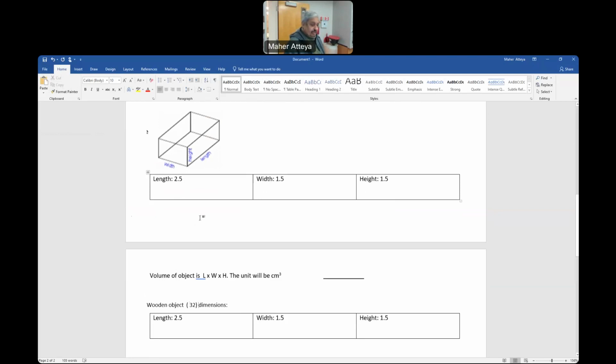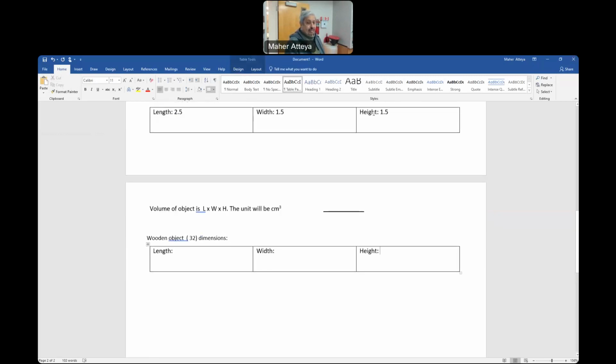Okay, so whatever the dimension here, you measure it, will not be the same as the virtual one. So you measure this here, okay? Then you have to come up with the volume of the virtual. This is the virtual object above.